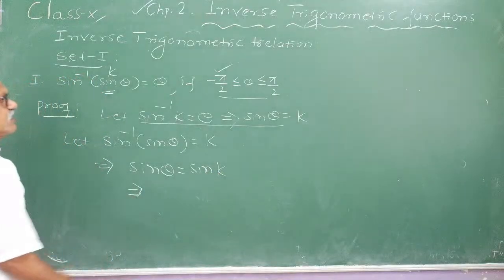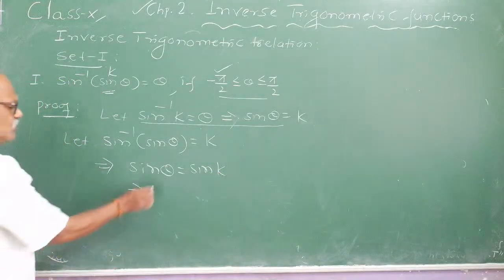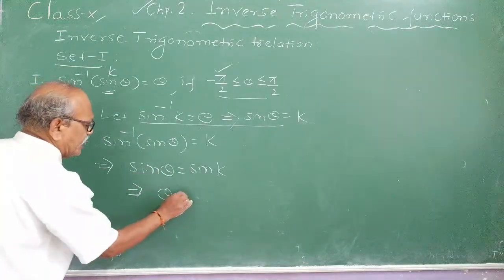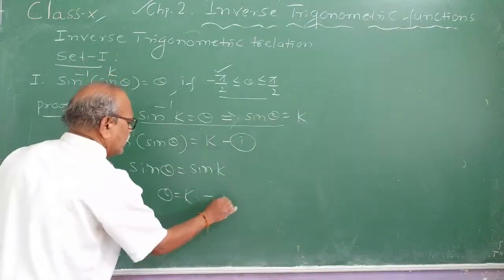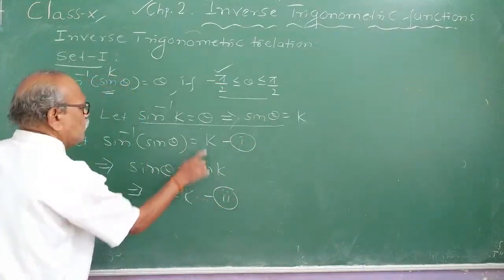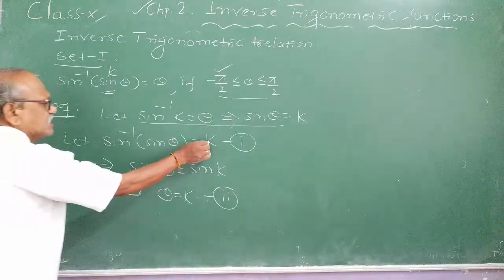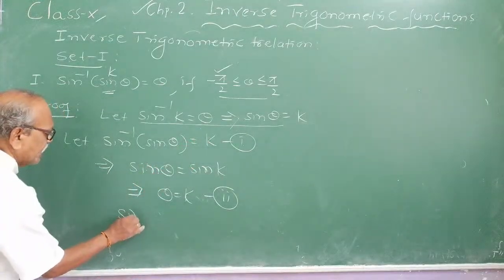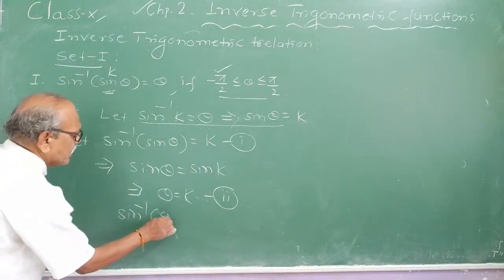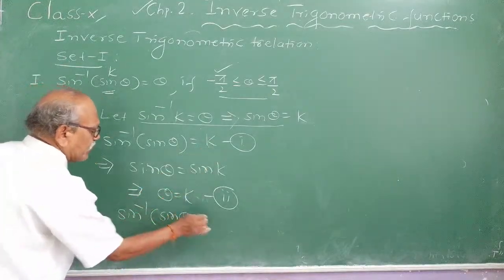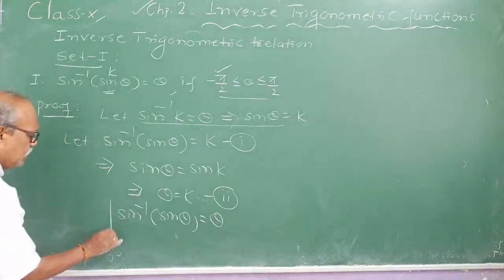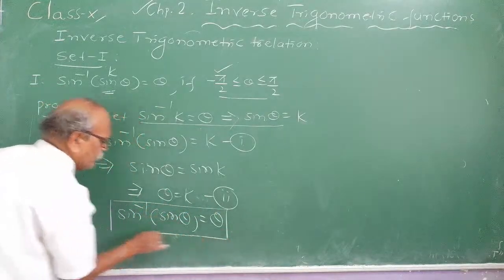That implies, sine eliminates, theta is equal to k. Call it equation number 1. Call the earlier one equation number 2. From 1 and 2, k is theta. Therefore, sine inverse of sine theta is equal to theta. This is the first identity.